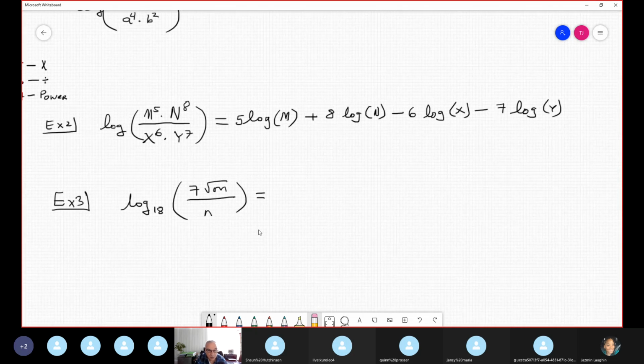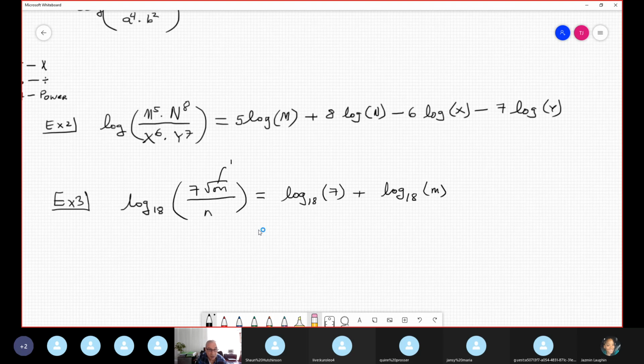So basically, we break it down into 3 logarithms. One includes 7. Another gets positive because everything in the top is positive: logarithm base 18 of m, but the exponent is the square root, 1/2. So in my mind, I know that it's m to the 1/2. Therefore, I put 1/2 here. Minus logarithm base 18 of m. End of the story. Any question?